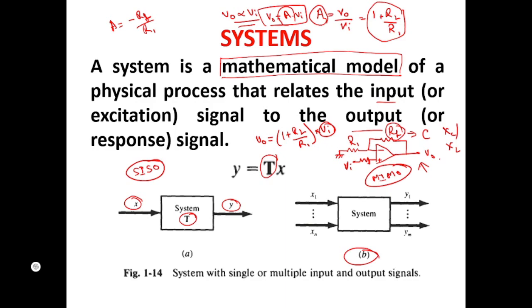What does this negative sign imply over here? Say, for example, RF and R1 are both equal. RF is equal to R1, so this cancels out and we get A equals minus 1.